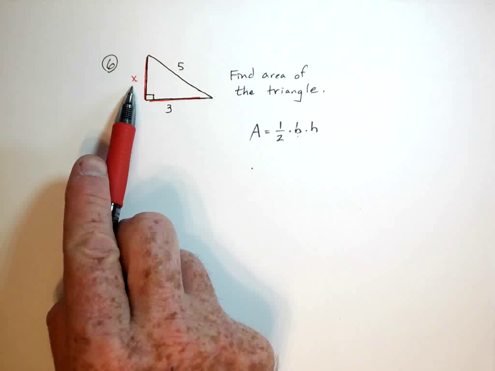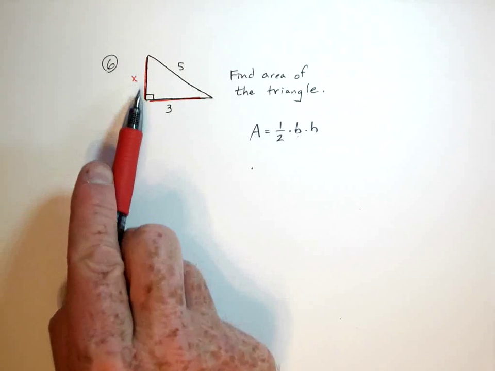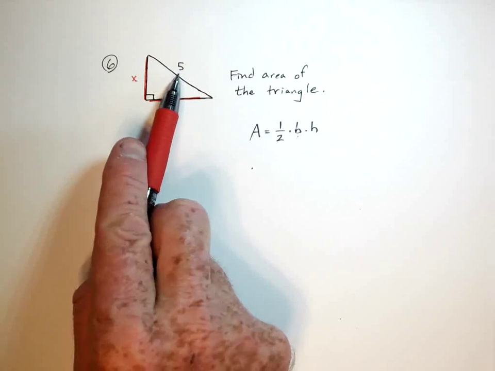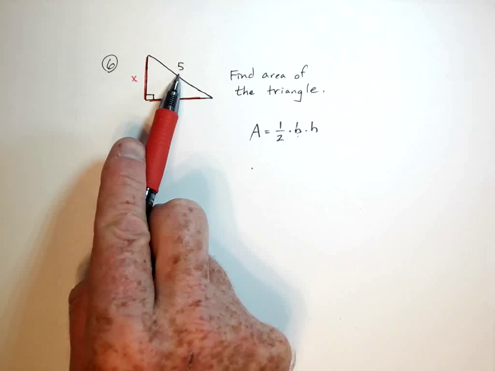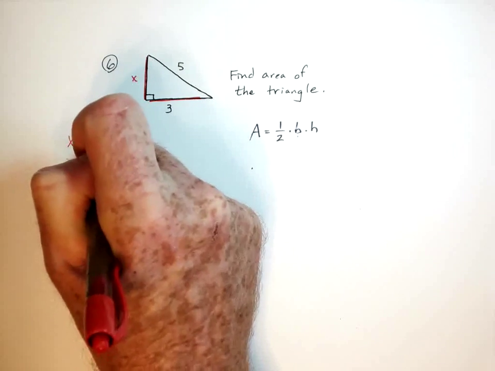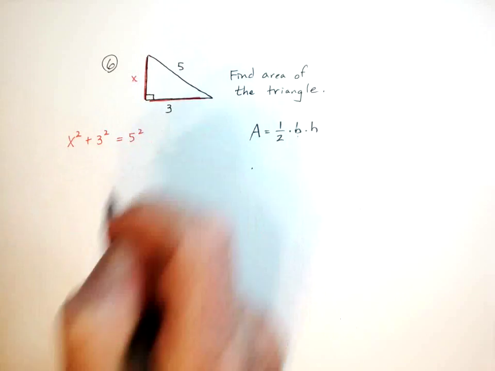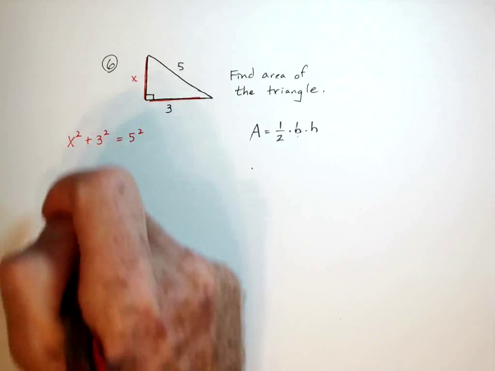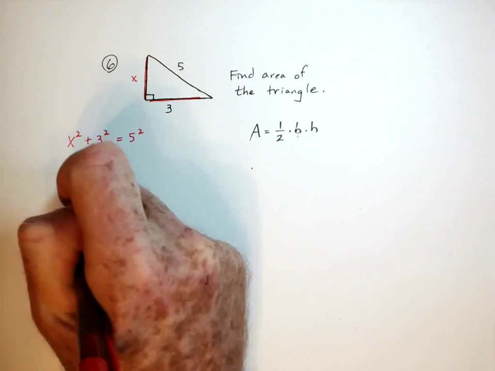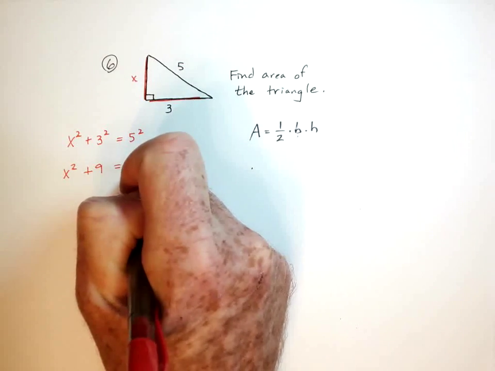And then I'm going to use the Pythagorean theorem, which says this side squared plus this side squared equals this side squared. Or in other words, x squared plus 3 squared is equal to 5 squared. Or if I simplify that, x squared plus 9 is equal to 25.